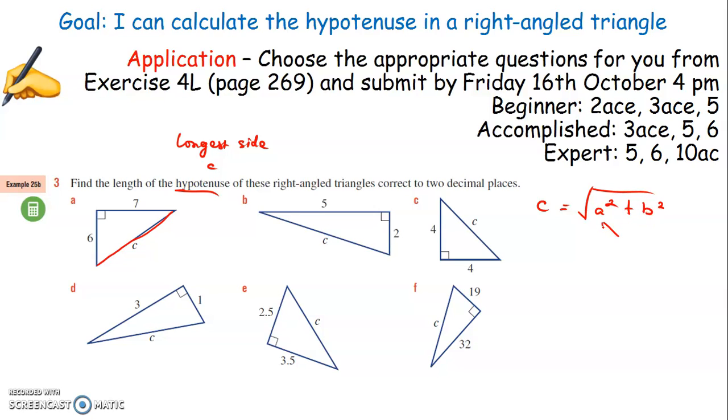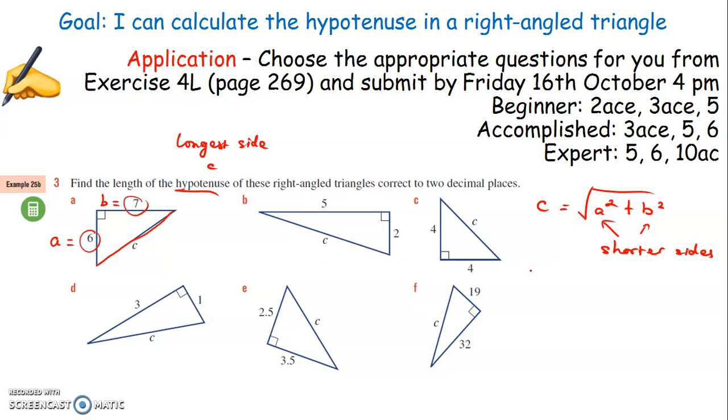Our A and our B are the shorter sides, so it would be these two here. It doesn't really matter which one is A and which one is B. I'm just going to make this one A, so 6 is A, and I'm going to make 7 our B.